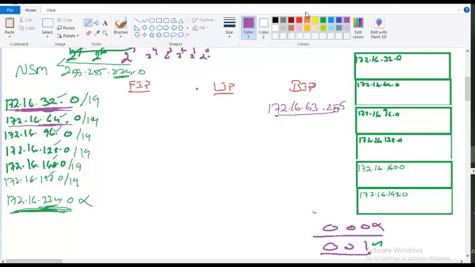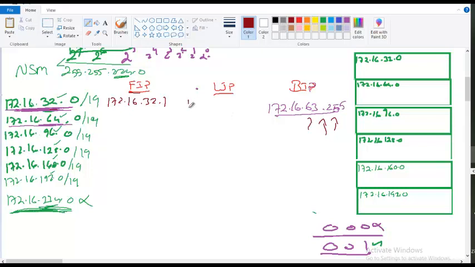Now, the first IP of this department will be 172.16.32.1. The last IP is 1 less than this. Don't reduce here, you need to reduce here because we are talking about host. Host will grow from right to left.